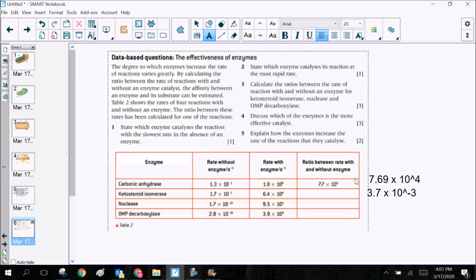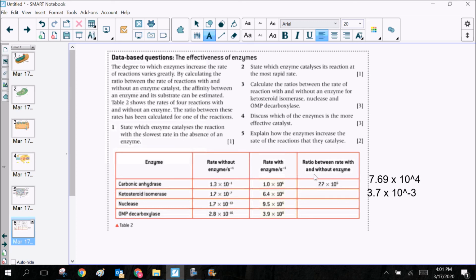Now in this case, 7.69 times 10 to the fourth is a greater difference. And so we can see, if we're looking here for the ratios between the rate of reaction with and without an enzyme, well, in this case, 7.69 times 10 to the positive fourth, that's pretty big.